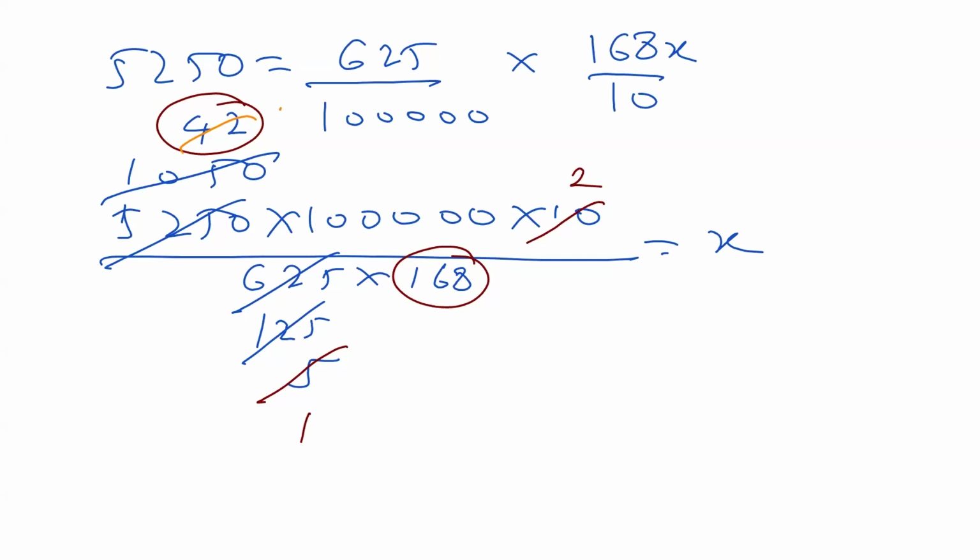Then after further reduction, x is equal to 50,000.